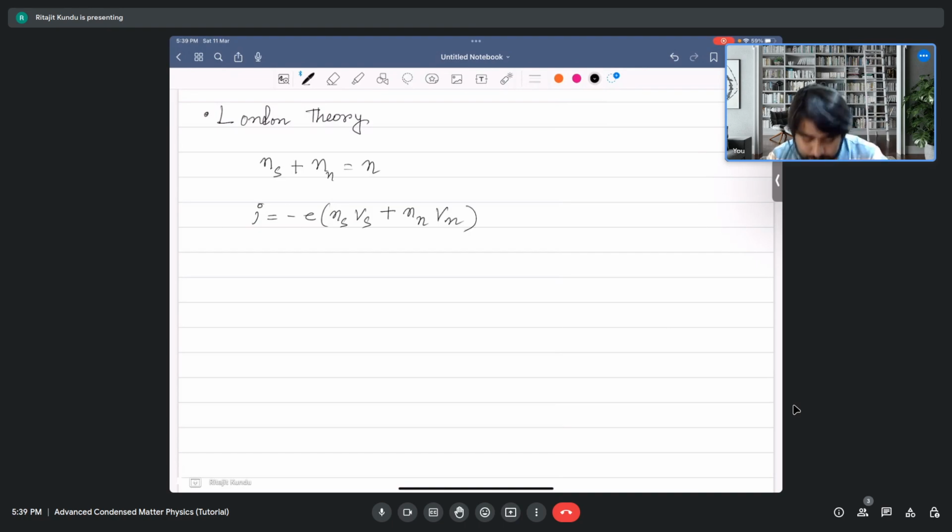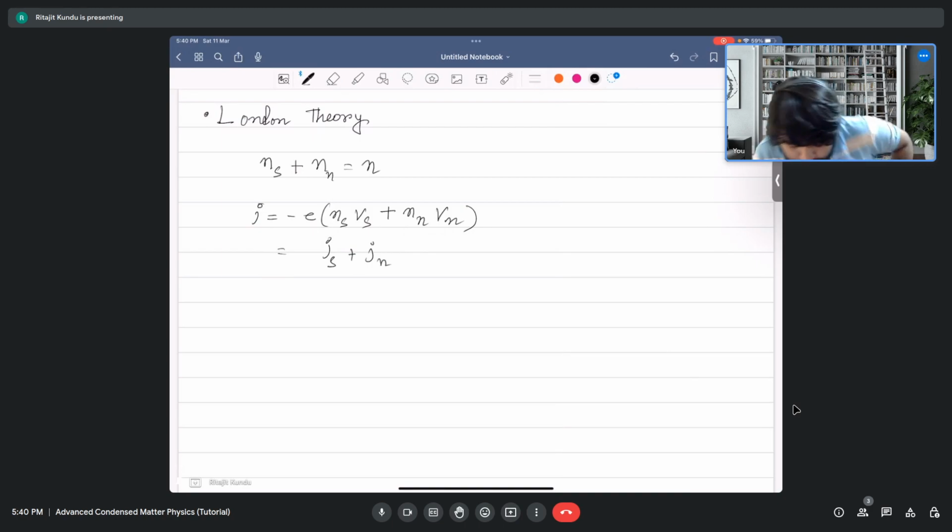This part you will call the supercurrent, and this part you will call the normal current, right? The normal current obeys the Ohm's law that you already know. So let me distinguish them first, Js plus Jn.